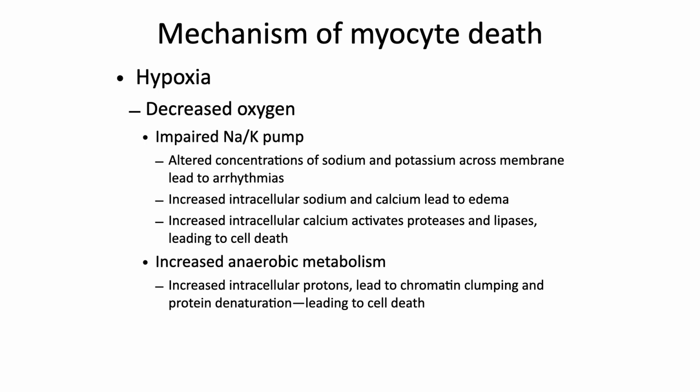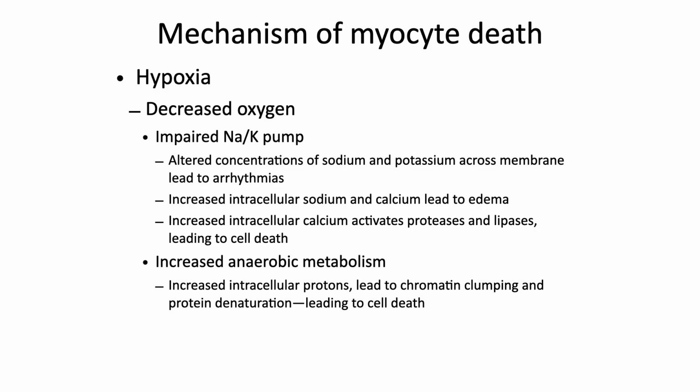Okay, so we're going to talk about the morphology of myocardial infarct. Of course, the morphology is going to include necrosis and then grossly infarct. The mechanism is basically hypoxia, ischemia.